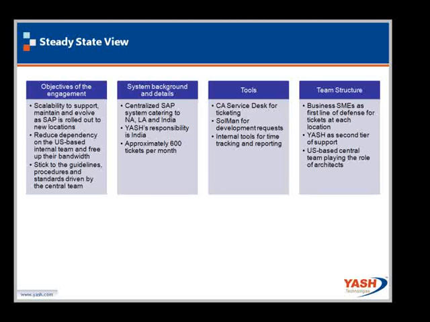In terms of their team structure, they had business subject matter experts as the first line of defense, with the YASH team in the second tier, and a US-based team playing the central role of architects. This again is a structure that the organization had. There is nothing sacrosanct about it, but the main thing is to have these three identified in some way or fashion.